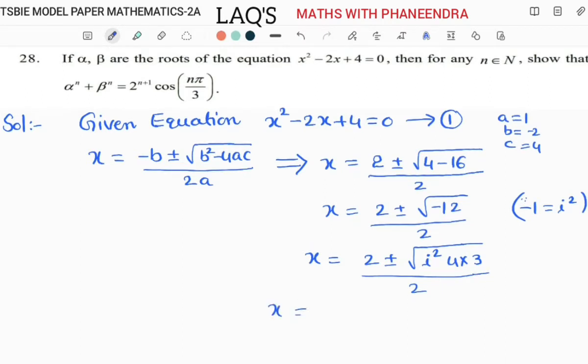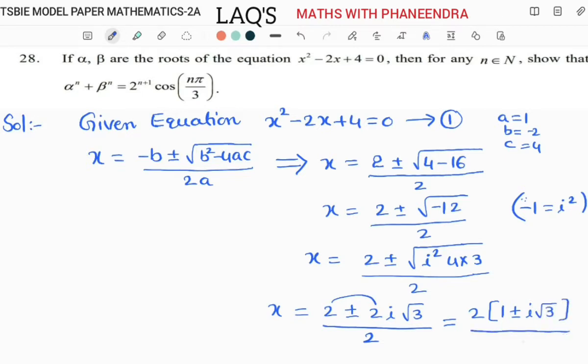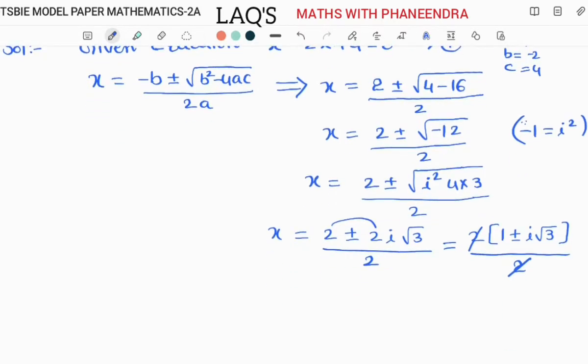So x is equal to 2 plus or minus 2 into i square we can take outside, i will come, so root 3 divided by 2. So take common 2 and cancel. So 2 into 1 plus or minus i root 3 divided by 2. So here 2 gets cancelled. Therefore x is equal to 1 plus or minus i root 3.